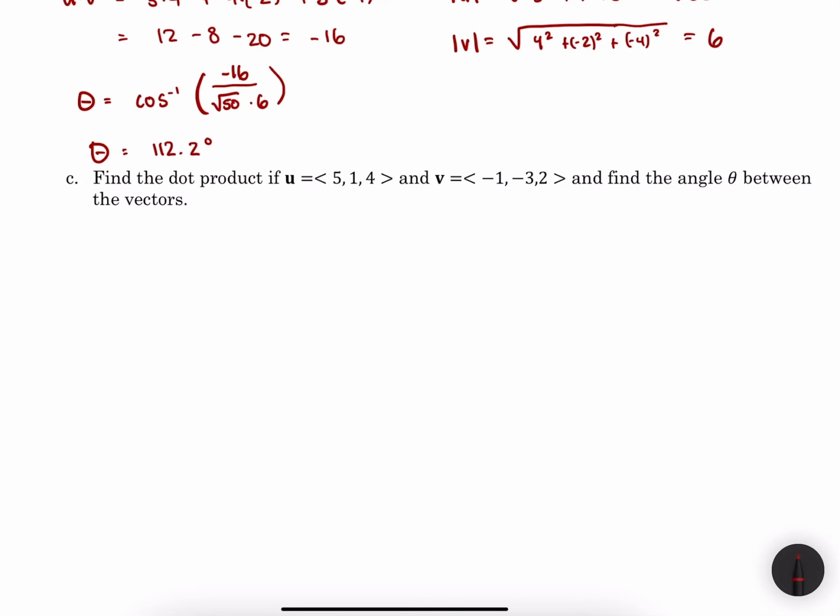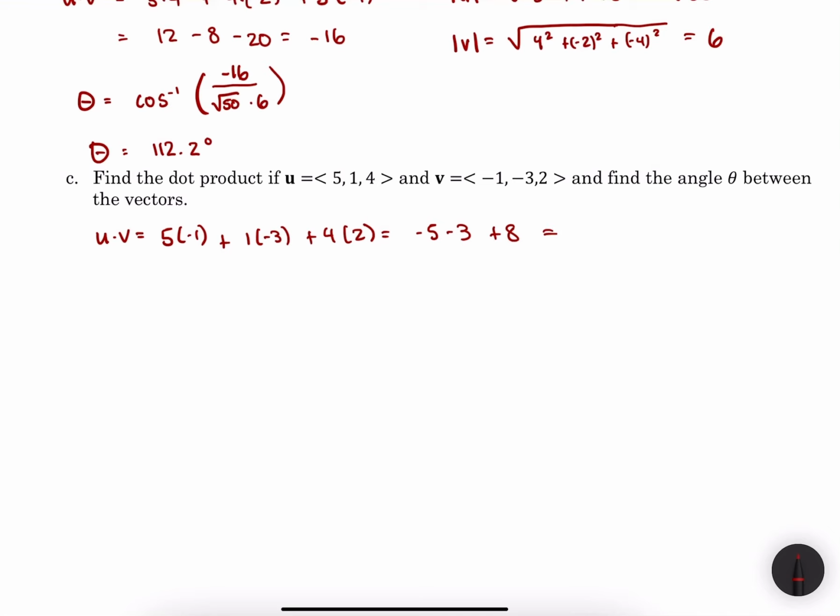So if you're rejoining me, we will get u times v by multiplying the components: 5 times -1 plus 1 times -3 plus 4 times 2. So that's -5 minus 3 plus 8.